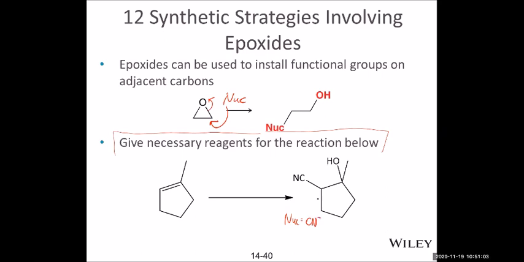When you have a cyanide nucleophile attack on the epoxide, then we will get the product. So how do we develop a synthesis for this transformation from alkene to a beta substituted alcohol?